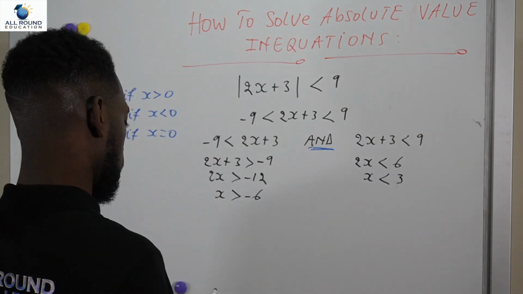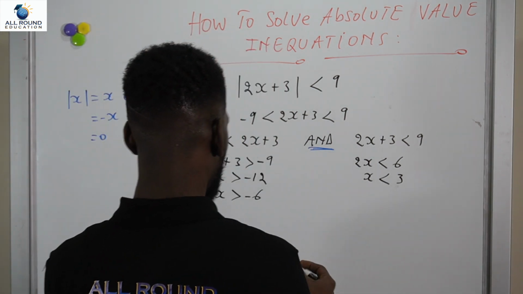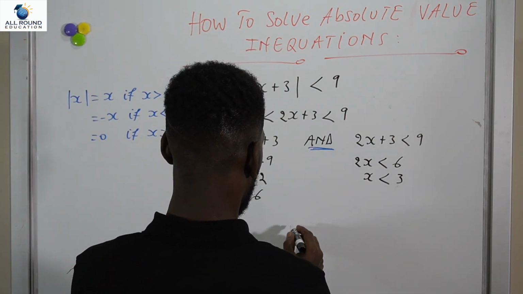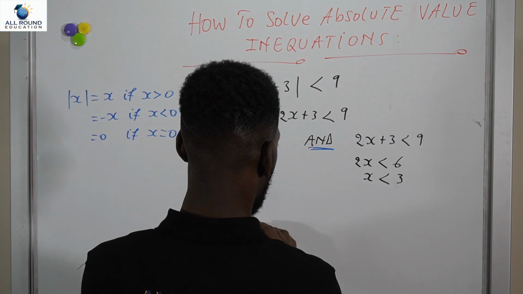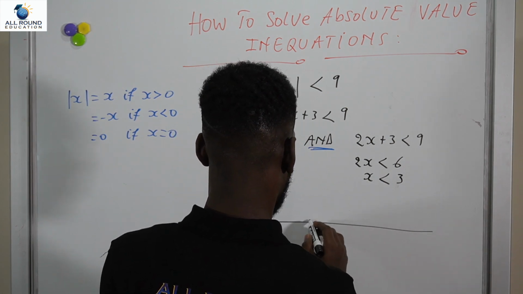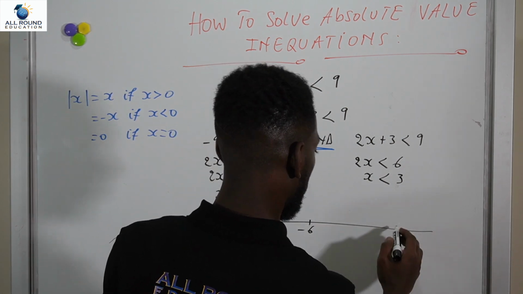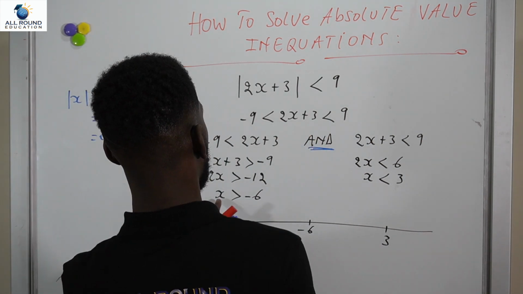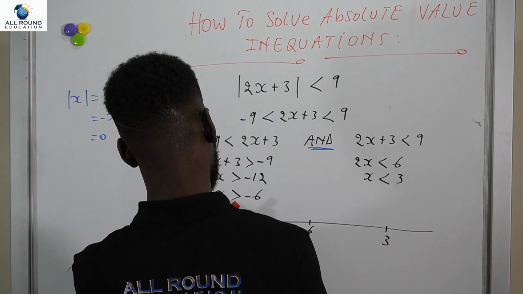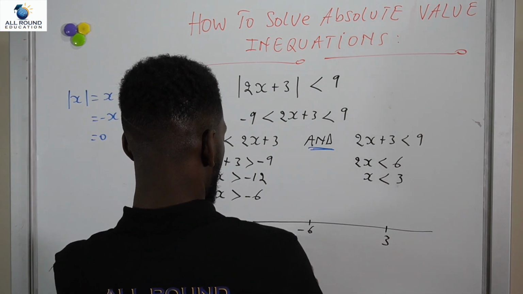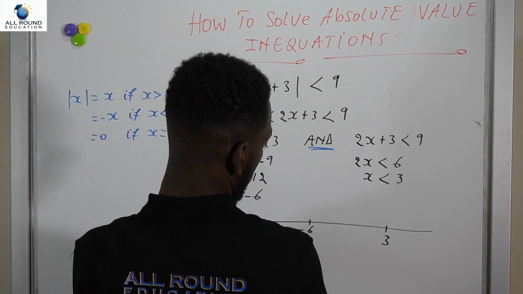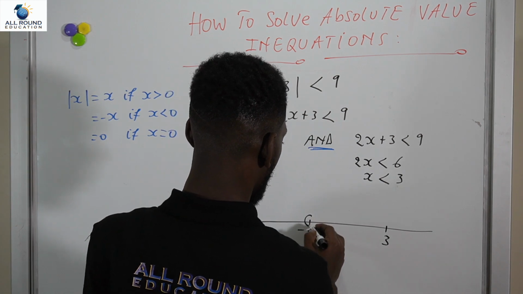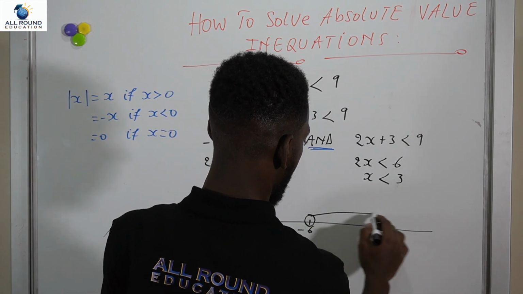Now how do we write the solution for our inequations? Let me show you how to graph them, and then we'll look at how you actually write the solution. If you graph this, you have your negative 6 here and 3 here. x is strictly greater than negative 6, so we put an open circle and go that way.